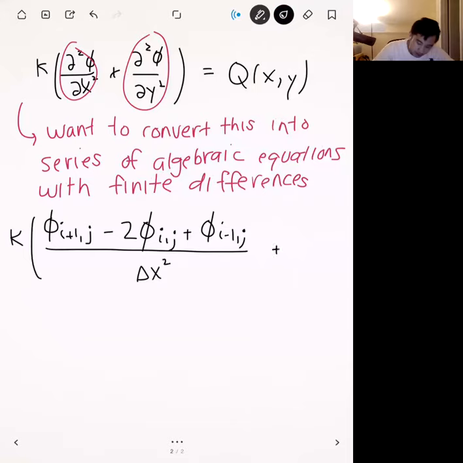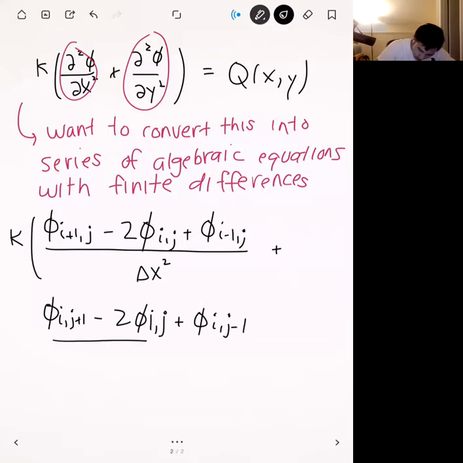plus, now we have d squared phi dy squared. So you have phi i j plus 1 minus 2 phi i comma j plus phi i j minus 1 all divided by delta y squared.